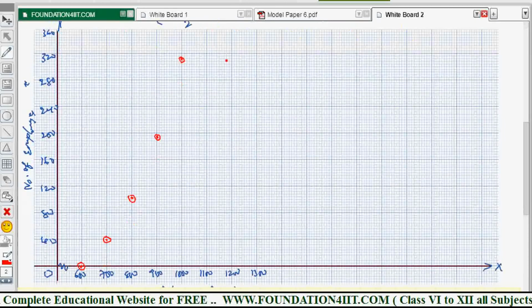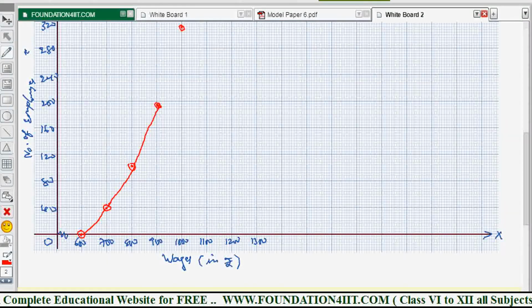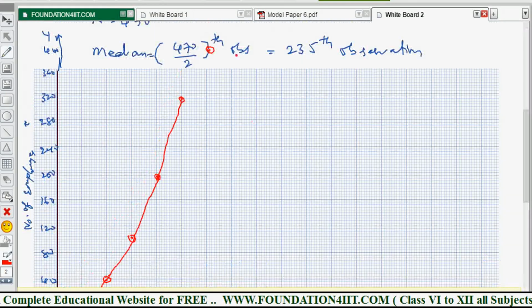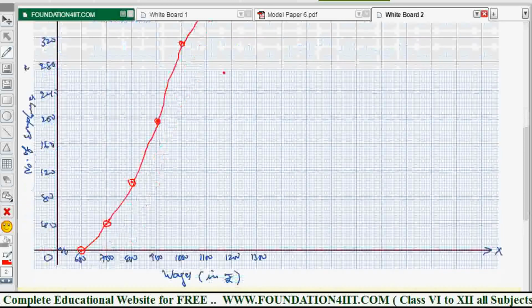So I extend this. Similarly 1200, 1300 also you can extend. Just join all of this. Any graph you should join. You can take the graph paper larger, you can make it a bigger size. In this paper I am not doing the last two.